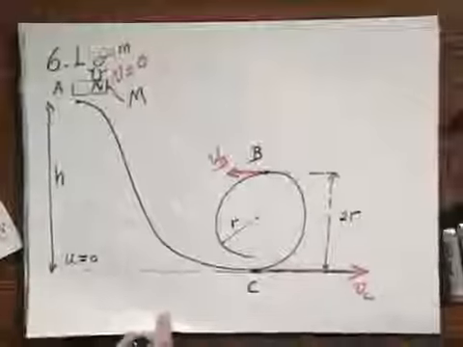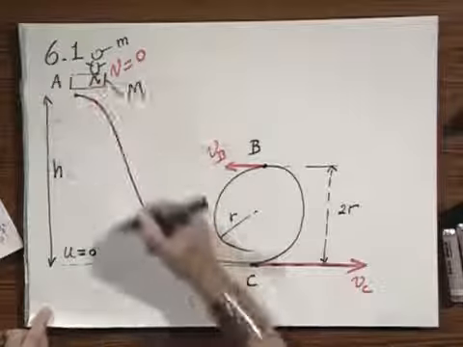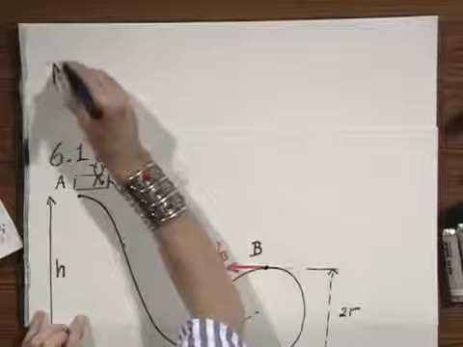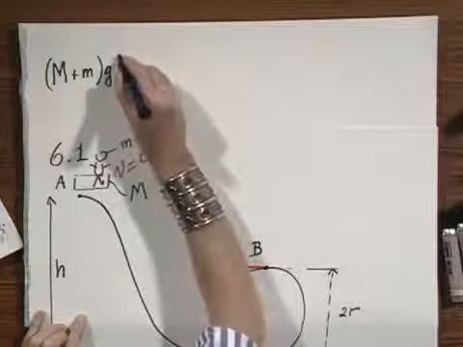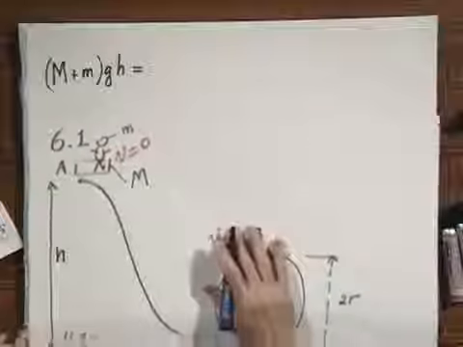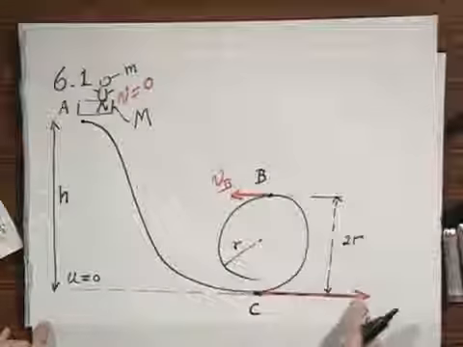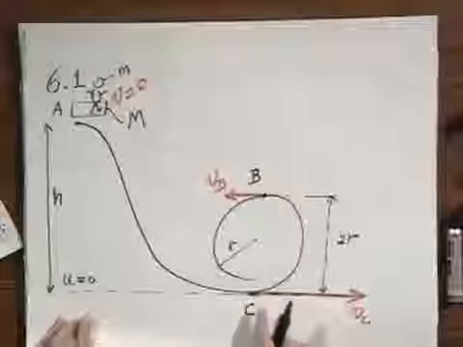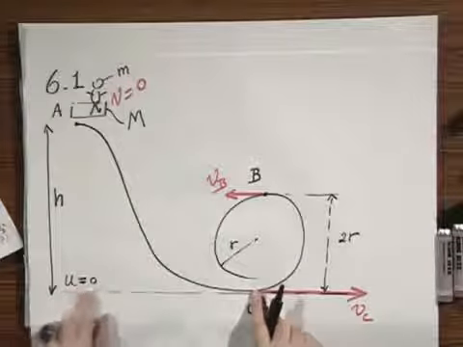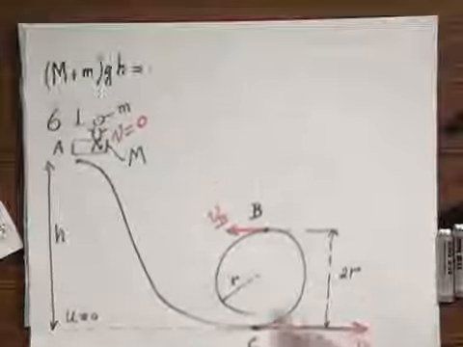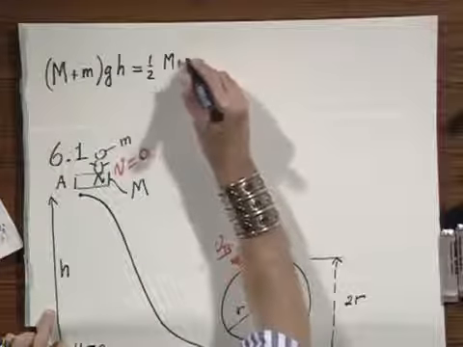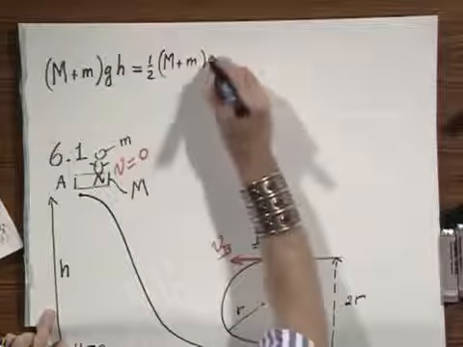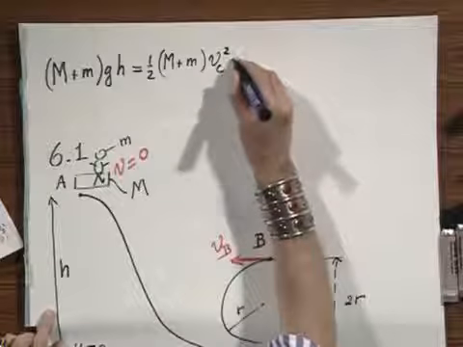So there we go. First, point A. No kinetic energy, only gravitational potential energy. So we have (M plus little m) times g times h. That is the gravitational potential energy relative to this level. Then we arrive at C, where there is no gravitational potential energy, because I've set this 0, so we only have kinetic energy, which is 1/2 (M plus little m) times v at location C squared.